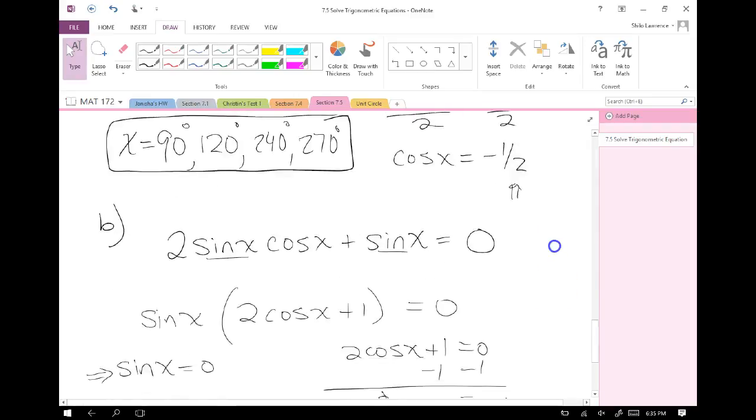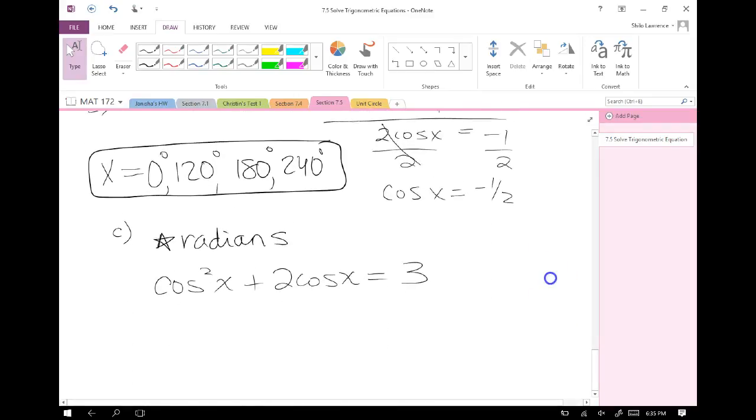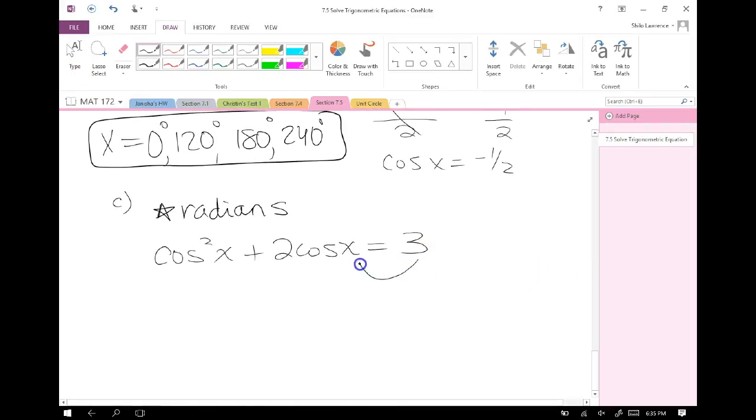This equation is not equal to 0, it's equal to 3. So the first thing we need to do is subtract the 3 over, so that it's equal to 0, and we can solve it by factoring.